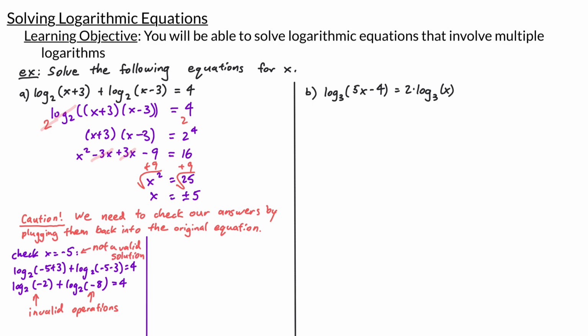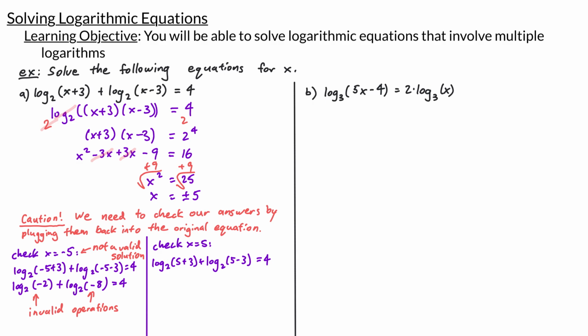Let's now check our other solution. Let's check x equals 5 and plug that into our original equation. We would have log with base 2 of 5 plus 3 plus log with base 2 of 5 minus 3 equals 4.